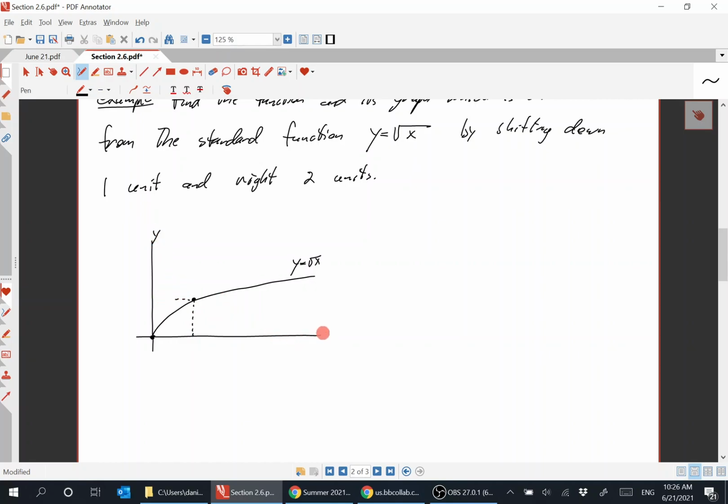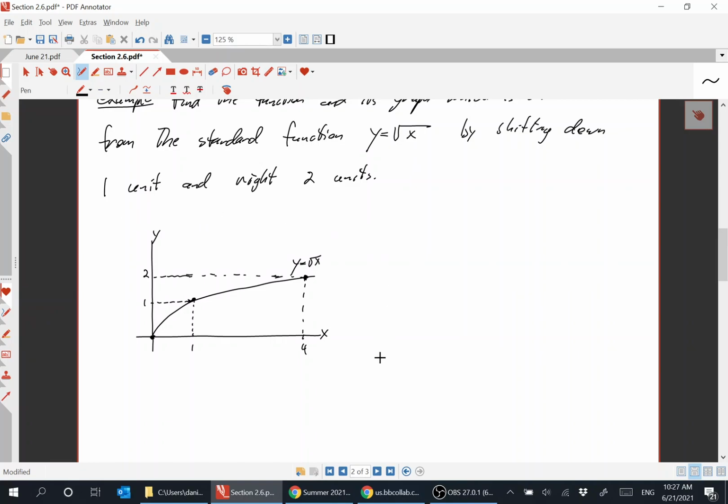And it's the y-axis, that's the x-axis. 2, 3, 4. The square root of 4 is, of course, 2. Alright, square root of 4 is 2, so on and so forth. So that's the graph y equals square root x.